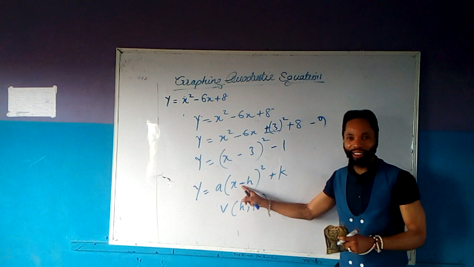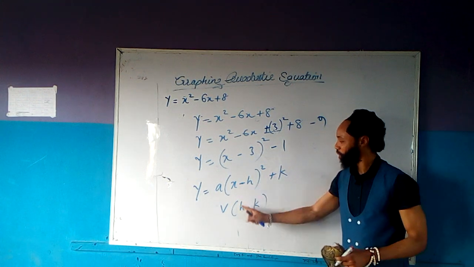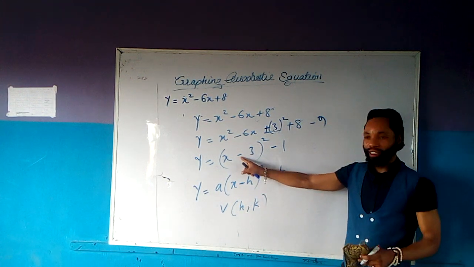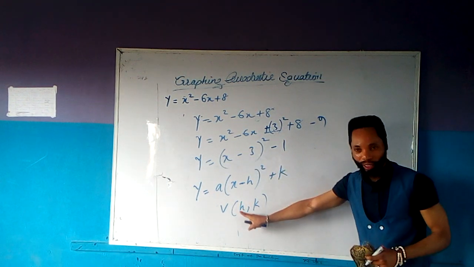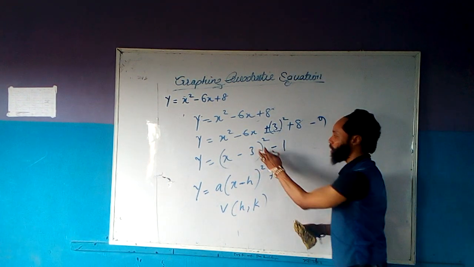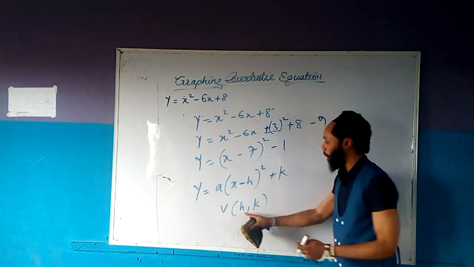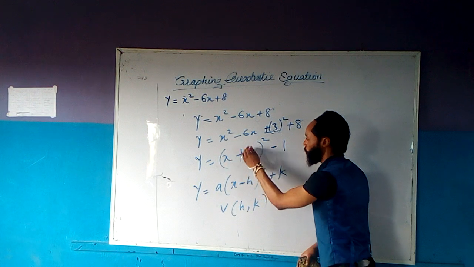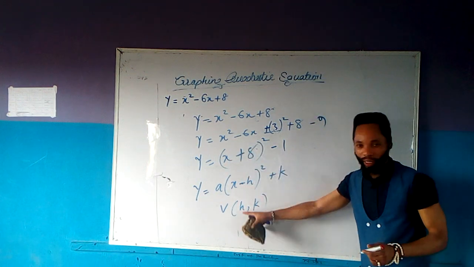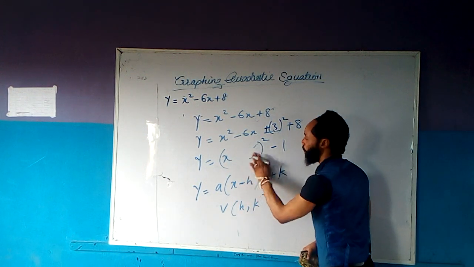Whatever the sign is inside the bracket, you reverse it. So if we have x plus 3, our h will be negative 3. If it were x minus 7, our h will be positive 7. If it were x plus 8, our h will be negative 8.